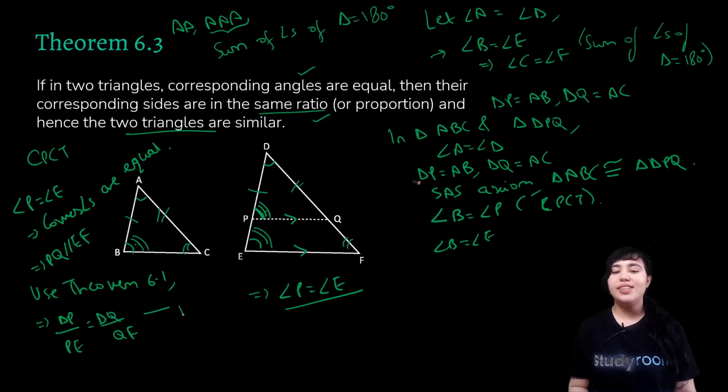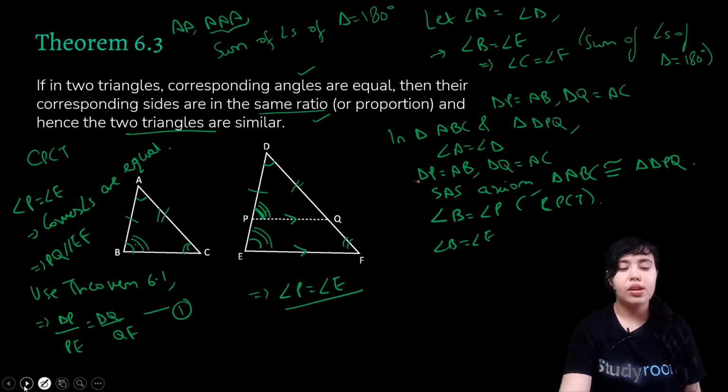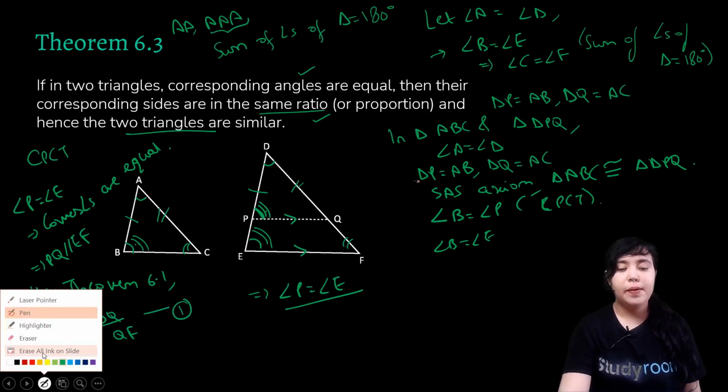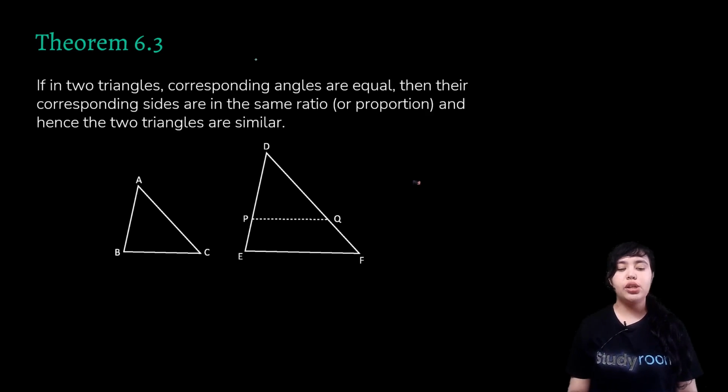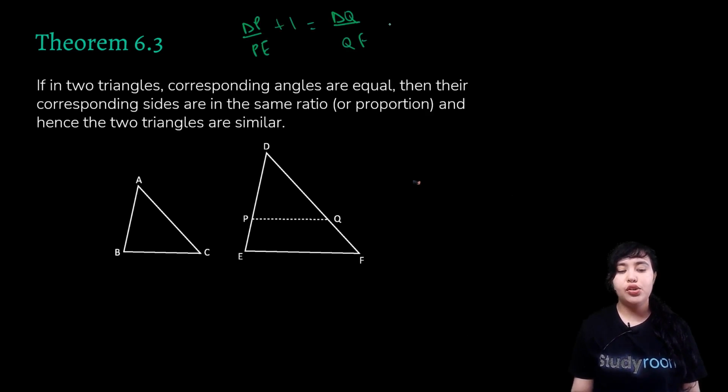Okay, you can make this equation number 1. Now what we can do to this equation number 1 is we can add 1 to both sides. So we get DP upon PE plus 1 is equal to DQ upon QF plus 1. Okay, so I'll get DP plus PE, which is nothing but the side DE.